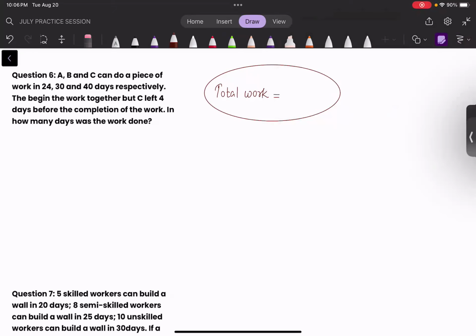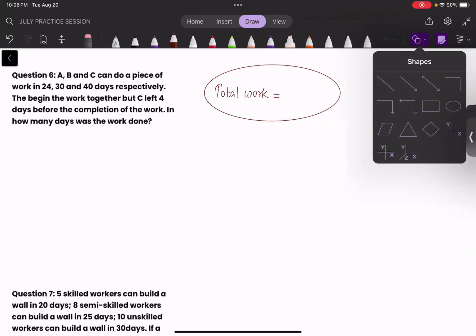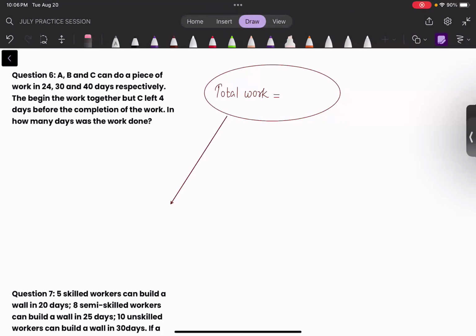So total work I will have to write. Okay. A and B and C. All the three persons, how much time they will take to complete it, that is given.